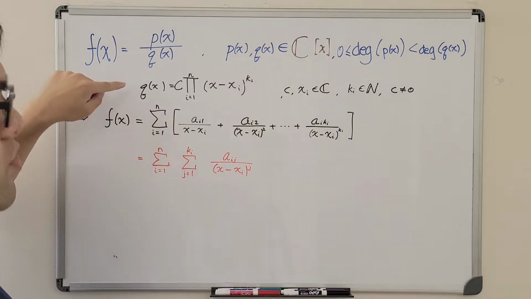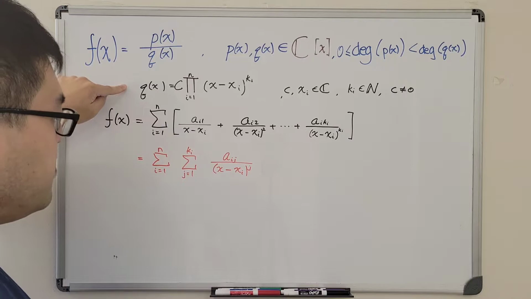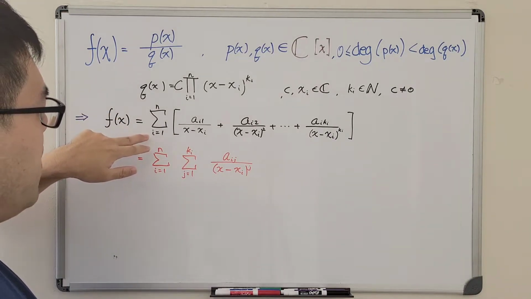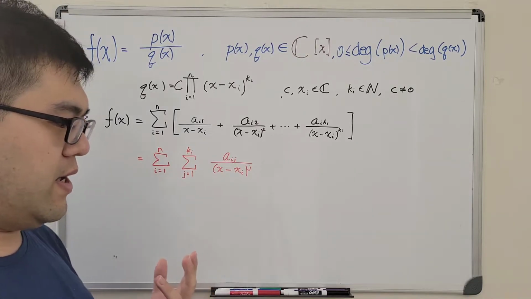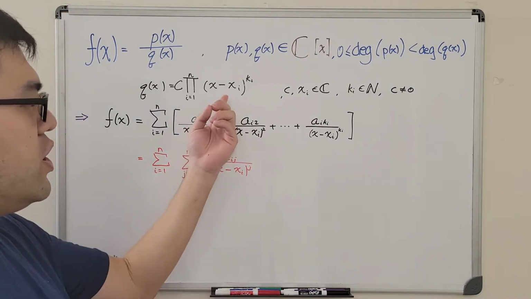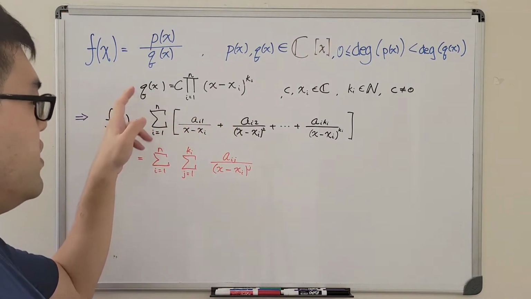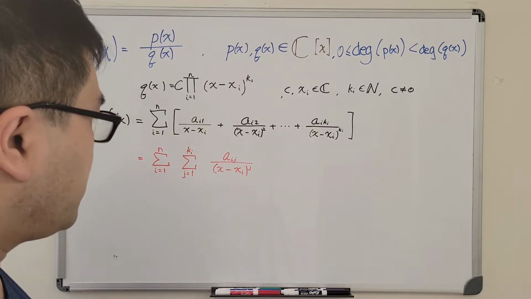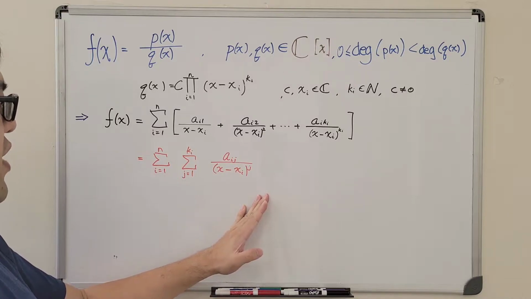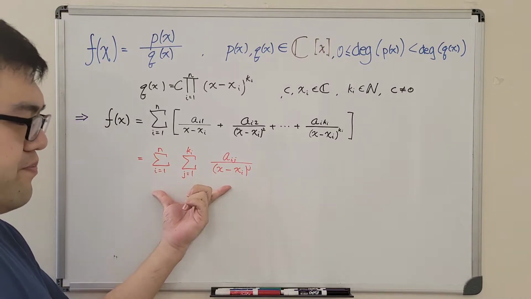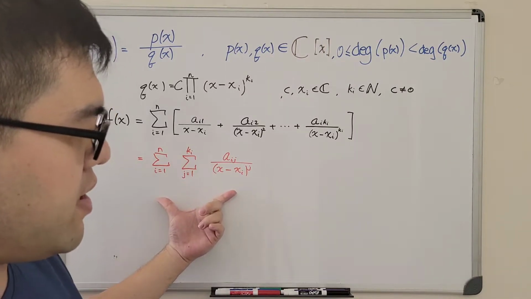That is based on what q was, and of course we also have i from 1 to n to tell us how many different roots we have in the polynomial q of x. So we can abbreviate it into this closed form here. So this is our setup.